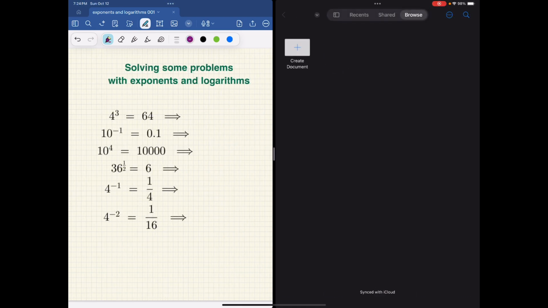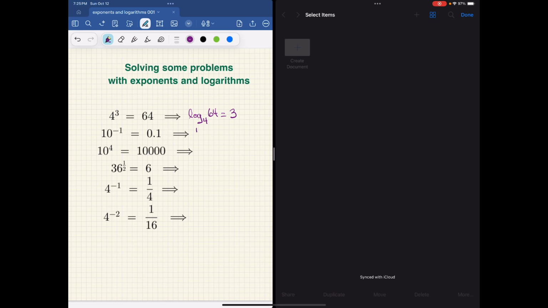All right, now let's try taking some exponential formulas and rewriting them in terms of logarithms. So we'll start with 4 cubed equals 64. And another way of saying that is that log base 4 of 64 equals 3. Now, 10 to the minus 1 power equals 0.1.